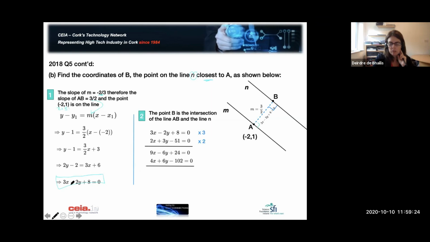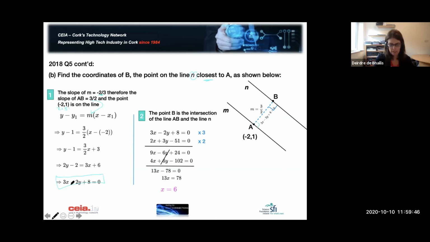That gives these two equations, and it's the y's that I'm going to cancel out. That leaves me with 13x minus 78 is equal to 0. 13x is equal to 78, and I can generally breathe a sigh of relief when I get a whole number there for an answer, that x is equal to 6.